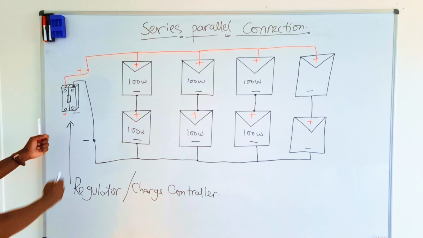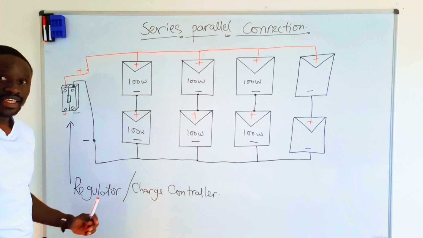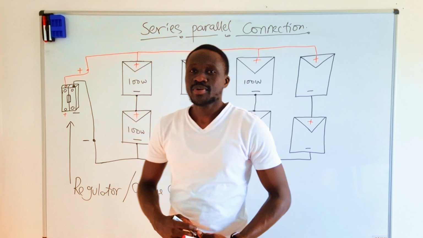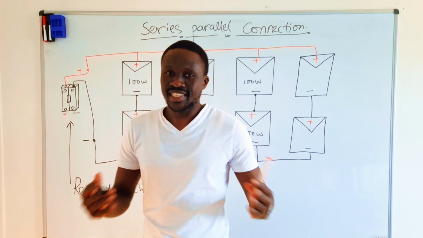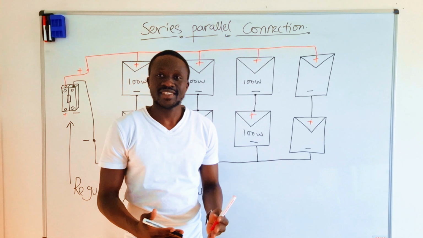This point, this is where we're going to connect our charge controller or a charge regulator. And I hope in the next lessons we are starting our regulator or charge controllers.